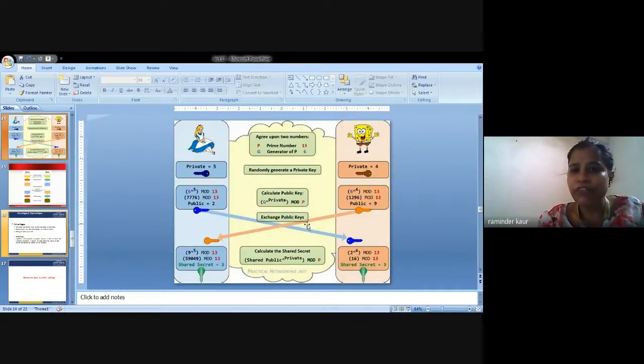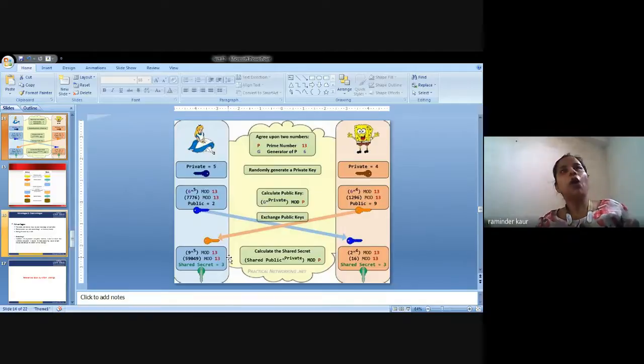So exchange the keys. The public keys will be exchanged: blue is given here, and orange will be going to this side. So I can say the left hand side is going to the right hand side and the right hand side is going to the left hand side, as we generally do in all the encryption algorithms.